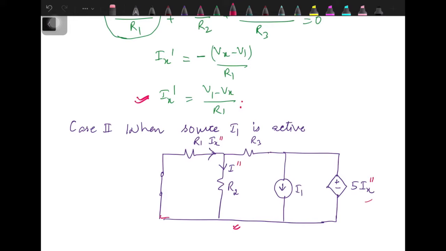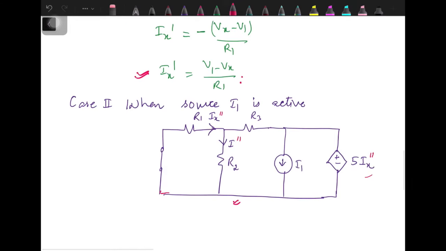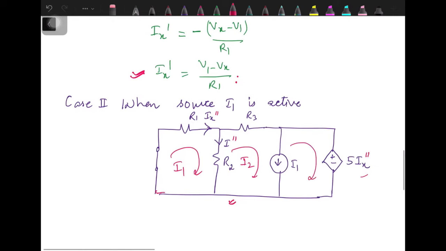Now again, it's our choice which method we want to follow. If we go with mesh analysis, then we will have three meshes. Let's say these are three currents, as we already have I1 in the circuit. Let's say it's I4.